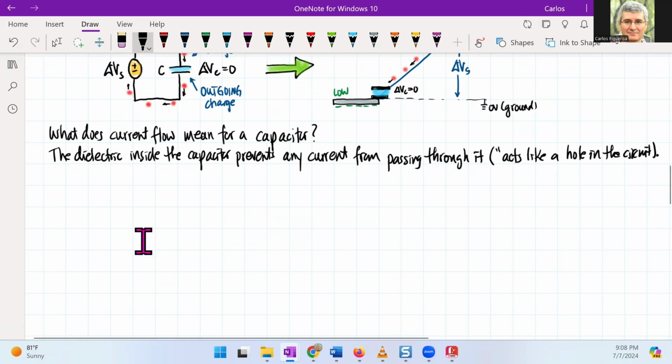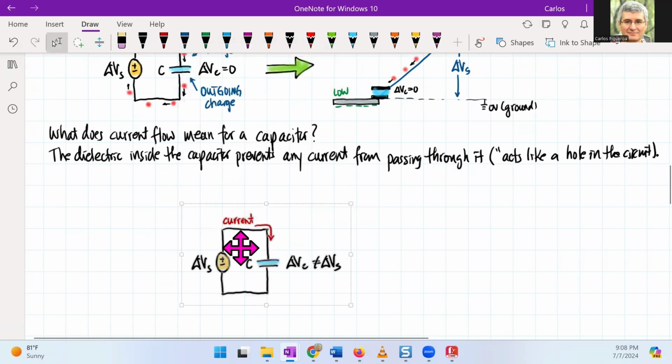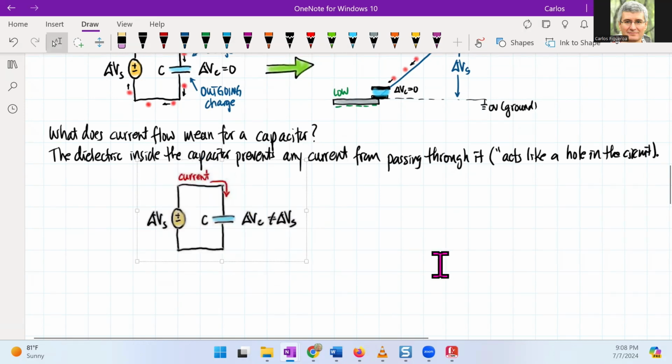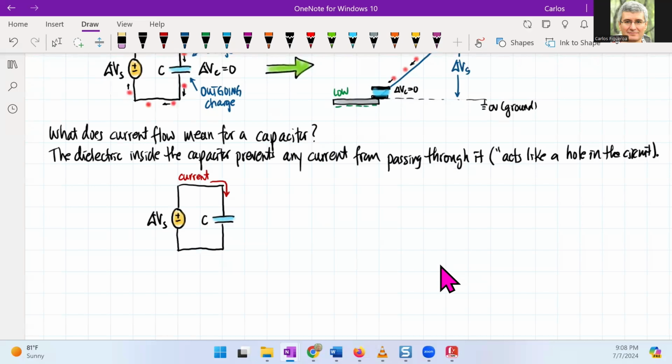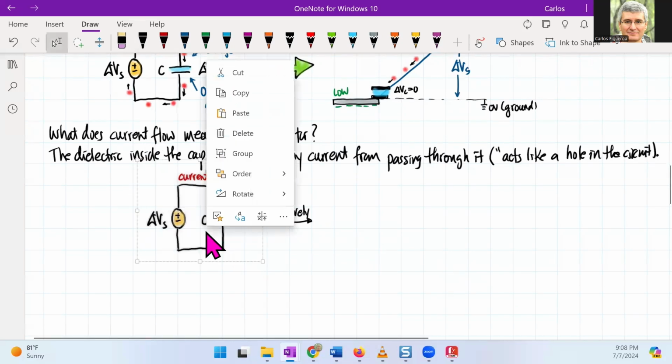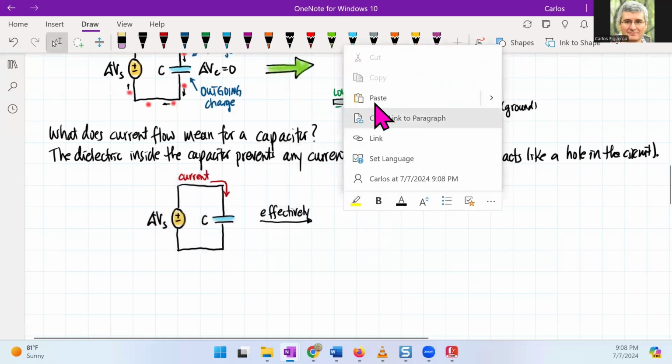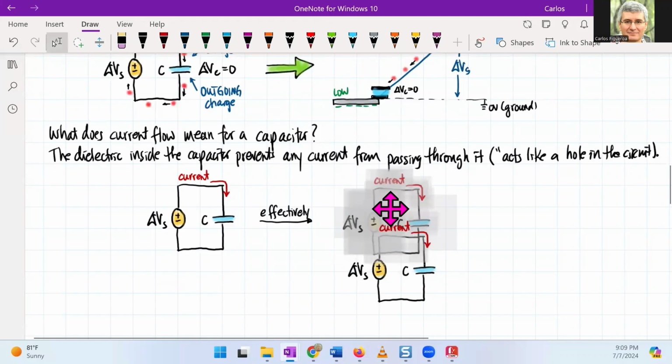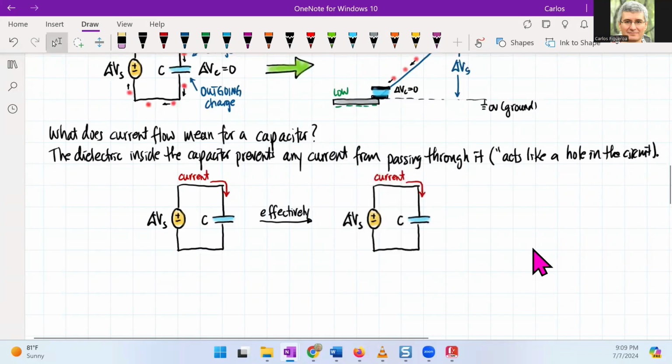What I mean by this: let me see if I still have an image of that circuit. Good. If I have a circuit like this, when I see a capacitor like this, it is effectively looking like this here. Its whole goal is that when we talk about current, we're talking about current flowing, but there's a hole right here.